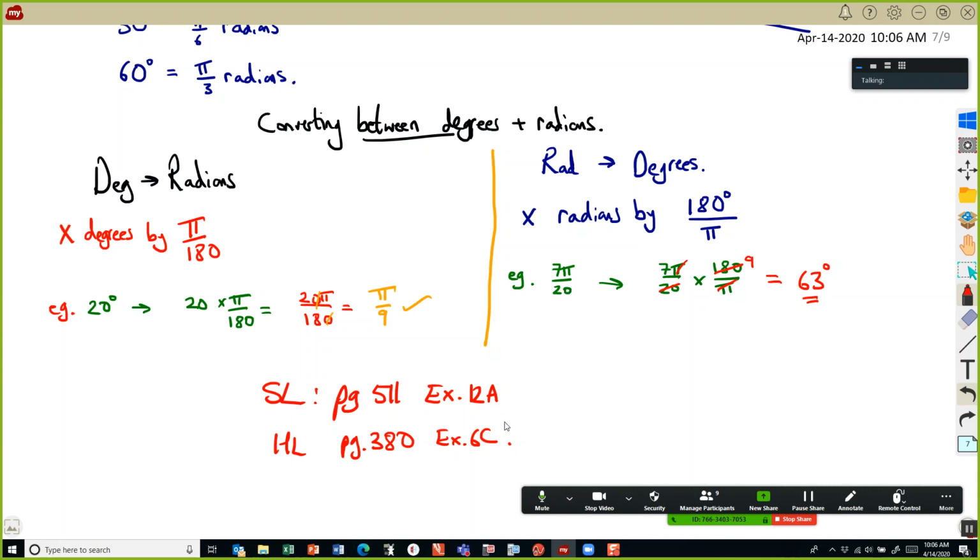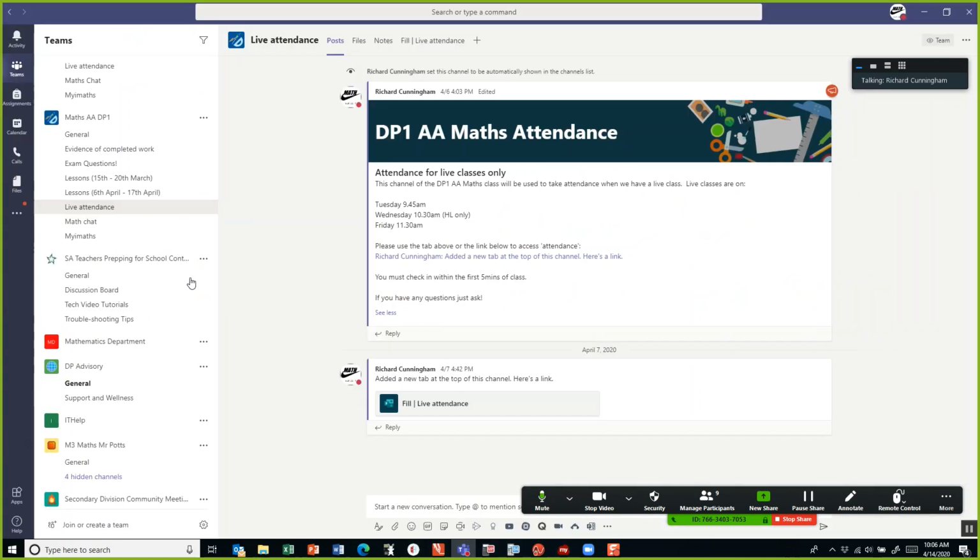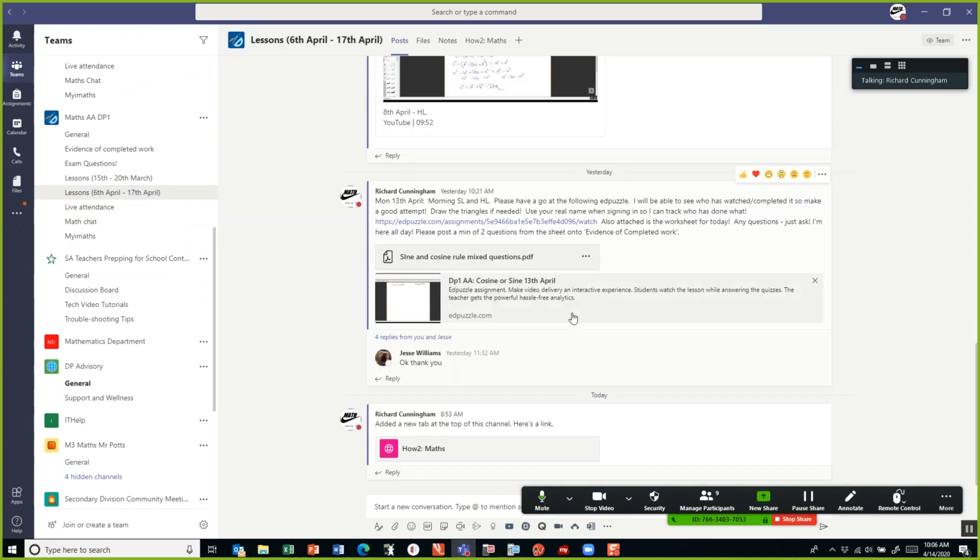Cool. Just before I go, just a reminder that I said yesterday, I don't really mind. I know that you've probably got a lot on at the minute. So this was the work from yesterday. I can see that 7 of you had a go at the Ed puzzle. If you haven't done that, please make sure that you have a go at it. It's important. And have a go at the questions. I have to give a shout out to Darius. He's been very good at posting his work on Evidence, completed.